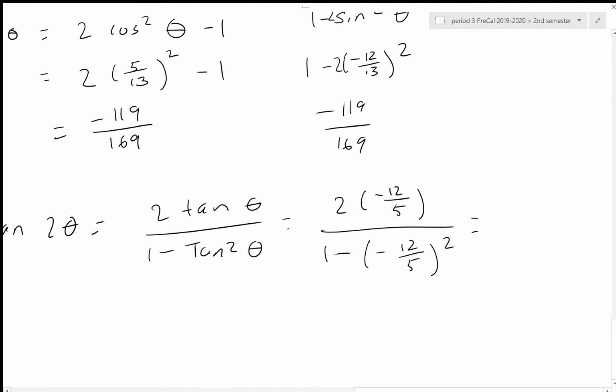Okay, so I'll break it down this way. I'll do the top first, 2 parentheses, negative 12 divided by 5. The top will give me negative 24 over 5. Then I do the bottom, 1 minus parentheses, negative 12 divided by 5 squared. That gives me negative 119 over 25.